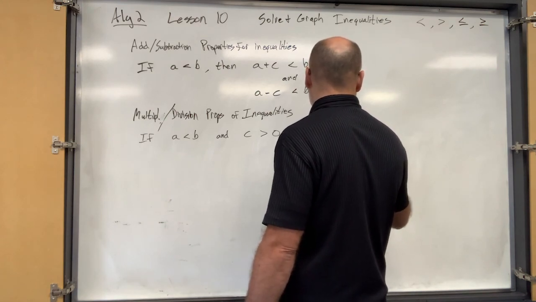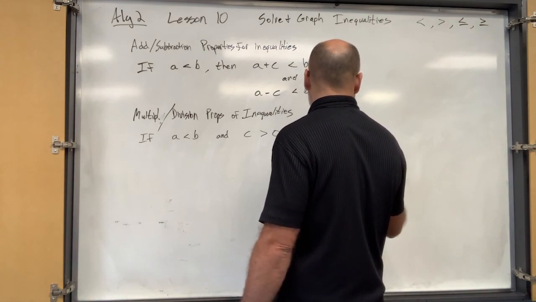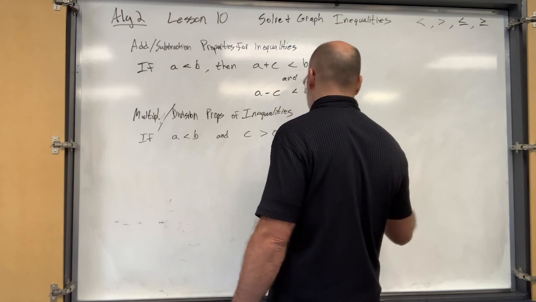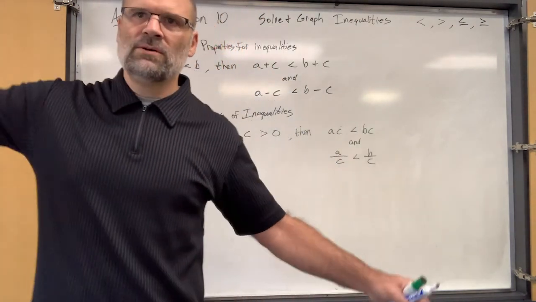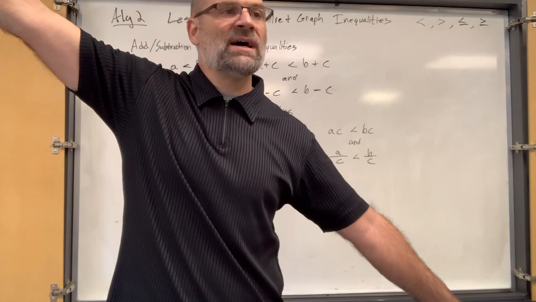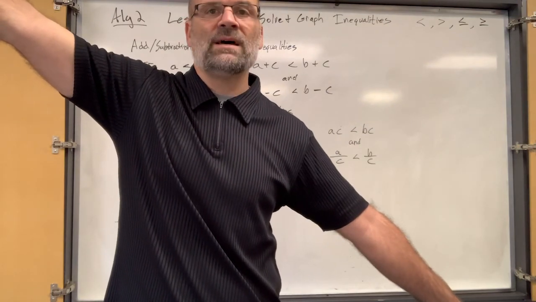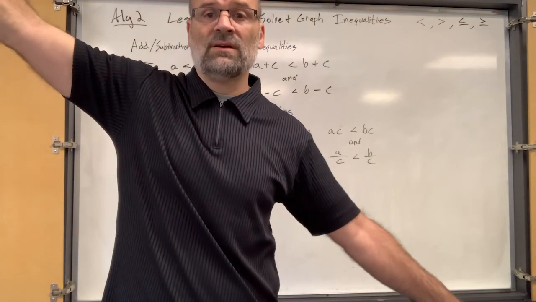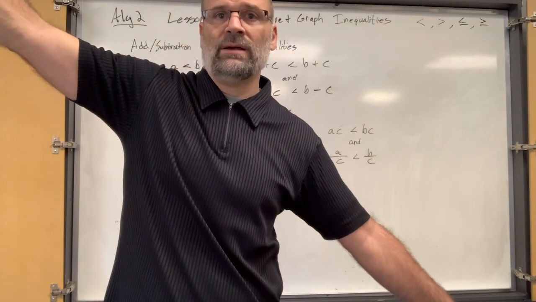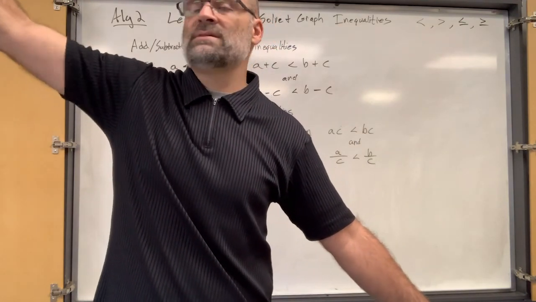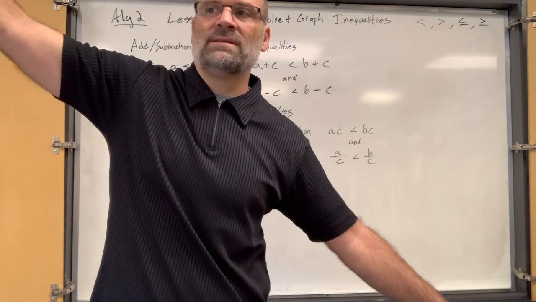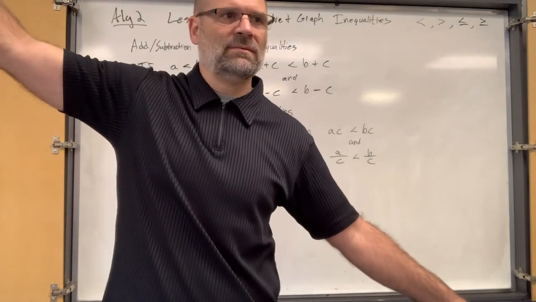And A over C is less than B over C. Okay? So if you double the weight on the left side and you double the weight on the right side, this left side is still going to be less than the right side, right? And if you cut this in half and cut this in half, it's still going to look like this, okay?